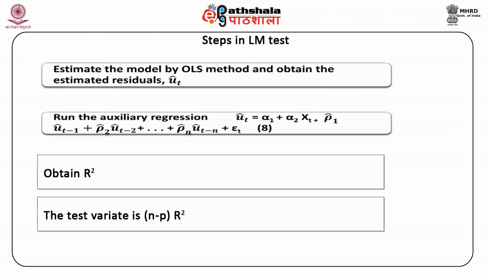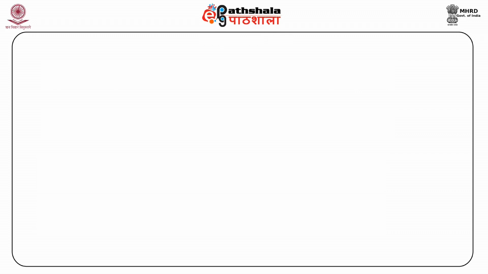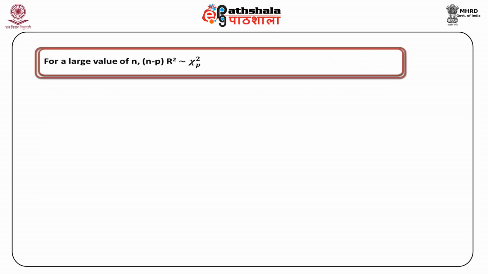So that is our test criterion statistic. The fifth step is that for a large value of n, n minus p into R square is distributed as chi-square with degrees of freedom p.